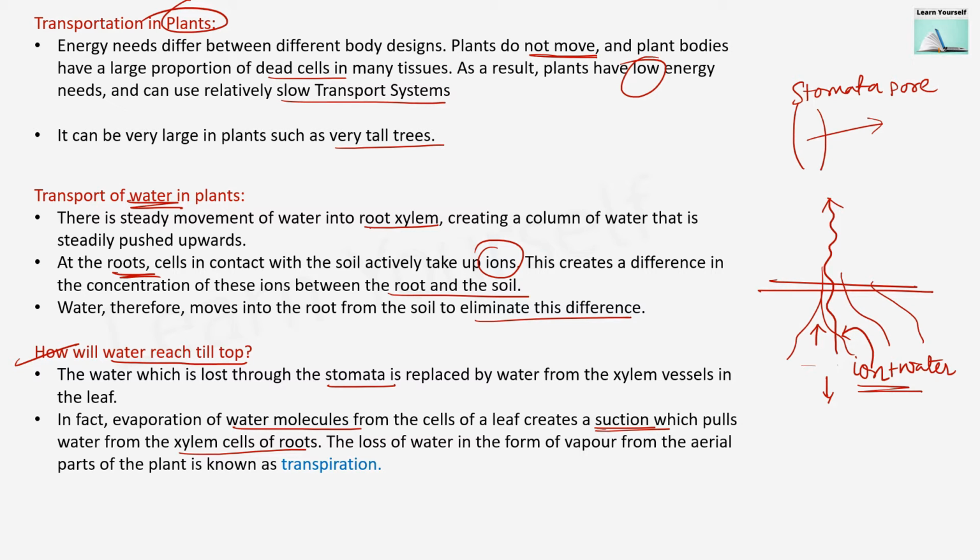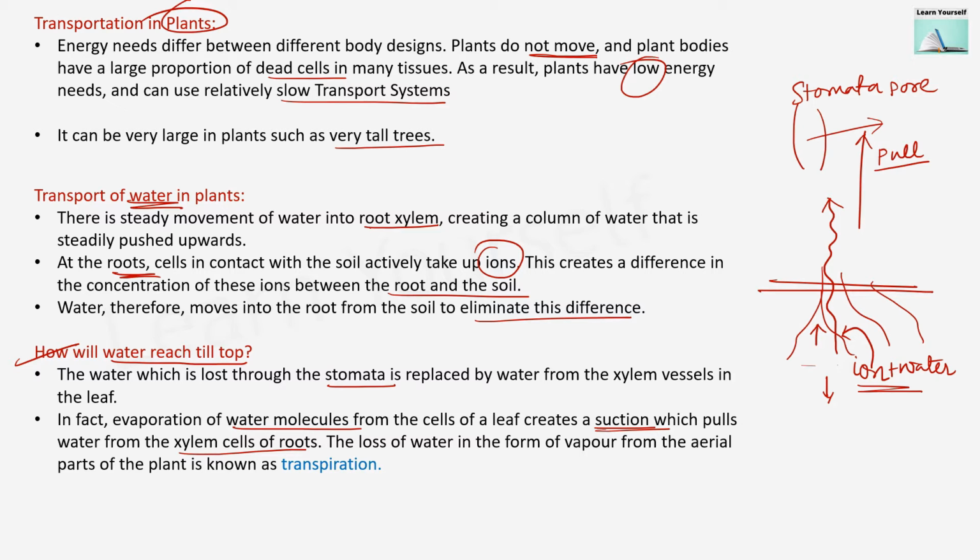This creates some pull, and this pull is because of the transpiration. So that's why it is known as transpiration pull. Now in the leaves the water is less, and this will create some suction which will pull the water from the roots and it will reach till the leaves. So this is known as transpiration pull.